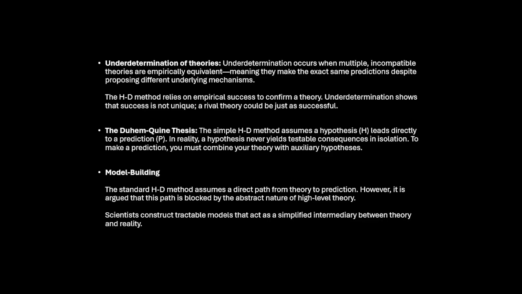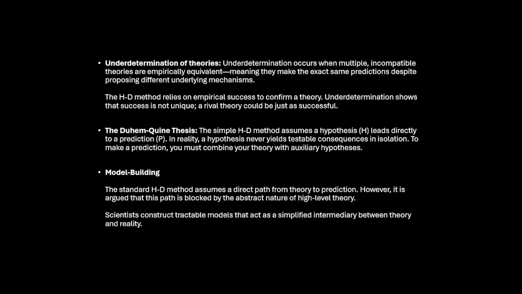Now let's talk about another problem. The hypothetical-deductive method gives us a direct path, right? You have a hypothesis, you deduce a prediction, and then you test it. Ian Hacking, in his book Representing and Intervening, says that maybe theoretical statements do not directly entail observable claims.